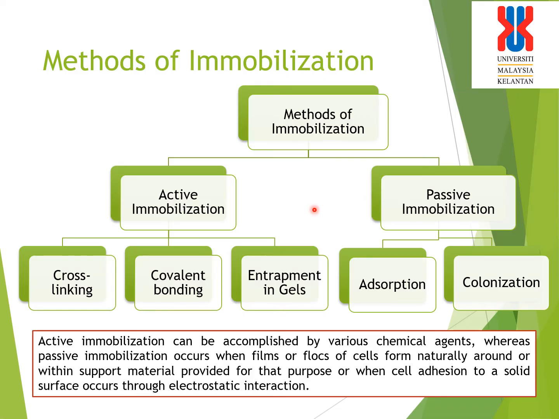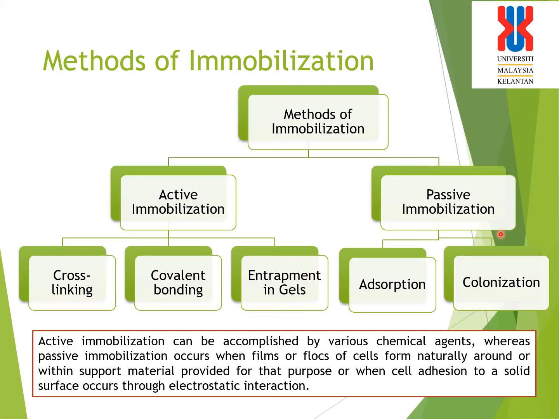For methods of immobilization, you have, as I said, active and passive. The difference is that for active, you need to add some chemical reagent to help form a cross link, form covalent bonding, and also entrap the cell into a gel.